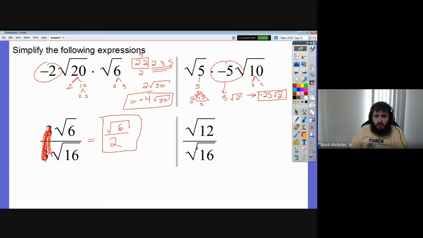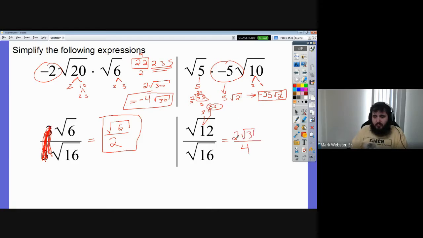Same idea here. If you look, radical 16, don't try and do extra. This is already there. Leave it alone. Now, radical 12, let's break that down, right? 3 times 4, and then 4 is 2 times 2. So we've got a perfect square pair here with those 2's.